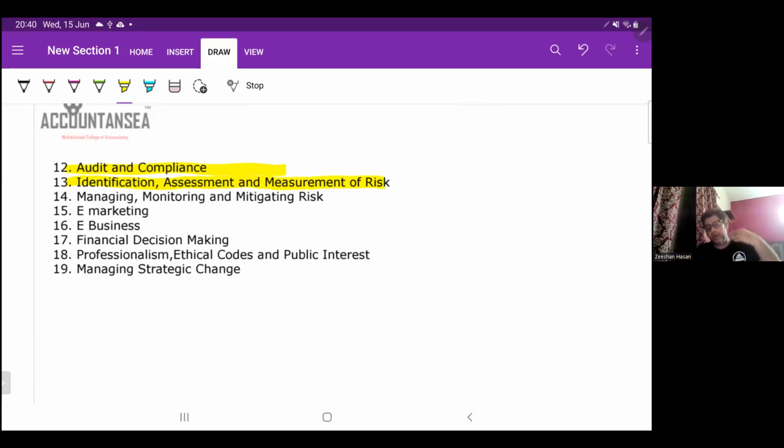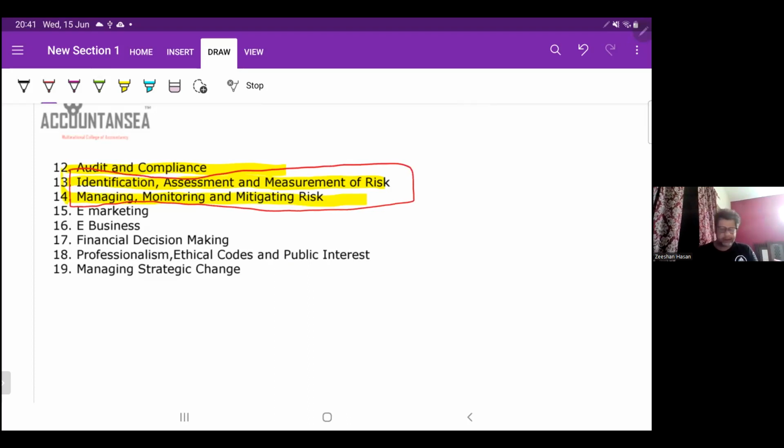We will discuss the role of risk management, the risk mitigating techniques such as the TARA model. Remember that these two areas are very, very important. You will get requirements related to these areas in every exam sitting.